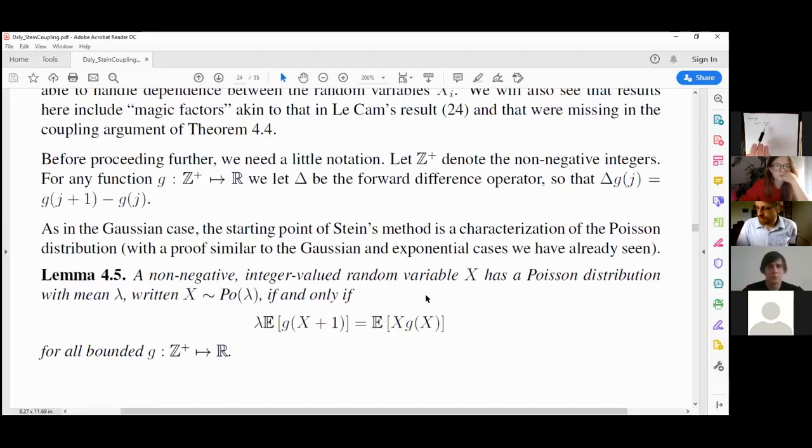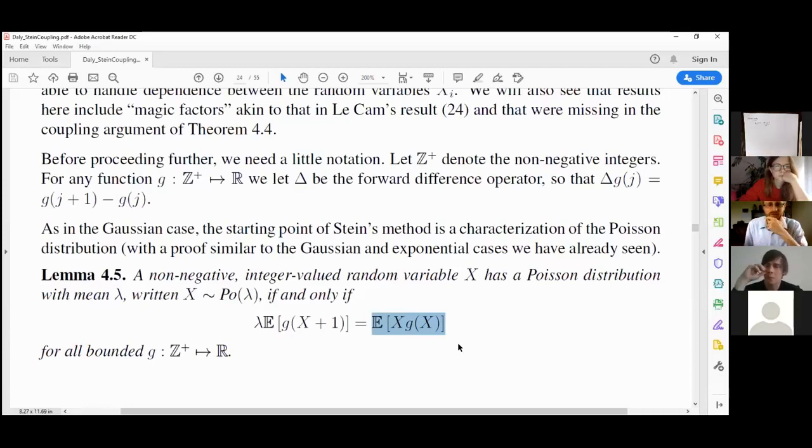So we saw this definition of the size bias distribution for any random variable X. We applied it in the context of Gaussian approximation, but it arises much more naturally in Stein's method in the setting of Poisson approximation. What we've got on one side of my characterization is exactly the size biasing.